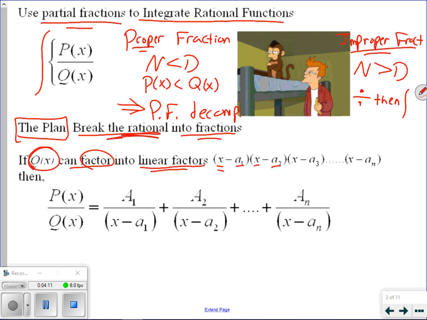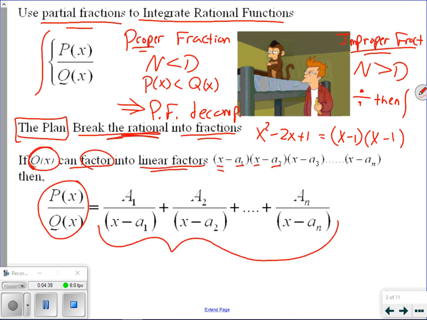For instance, x squared minus 2x plus 1. If I were to factor that, it has linear factors. It's x minus 1 and x minus 1. That's what I mean by linear factors. So the idea is to get it to look like this. We can take this fraction and strip it apart into its linear factor decompositions. And again, we'll review how that works.